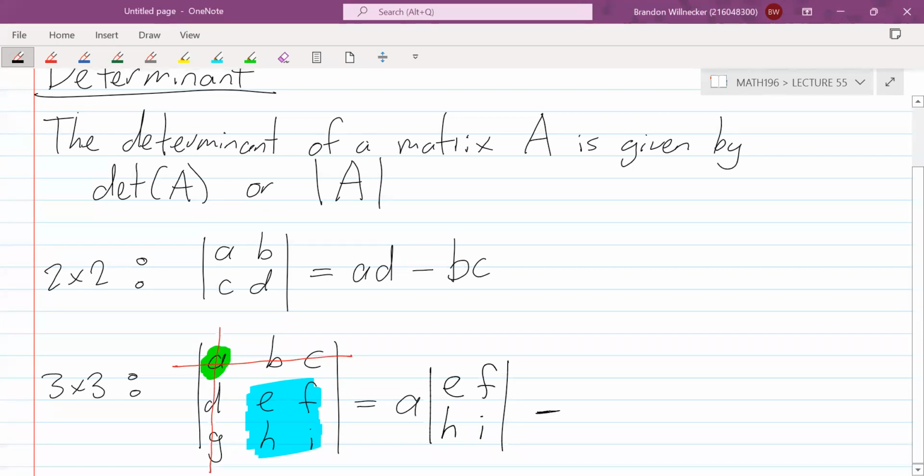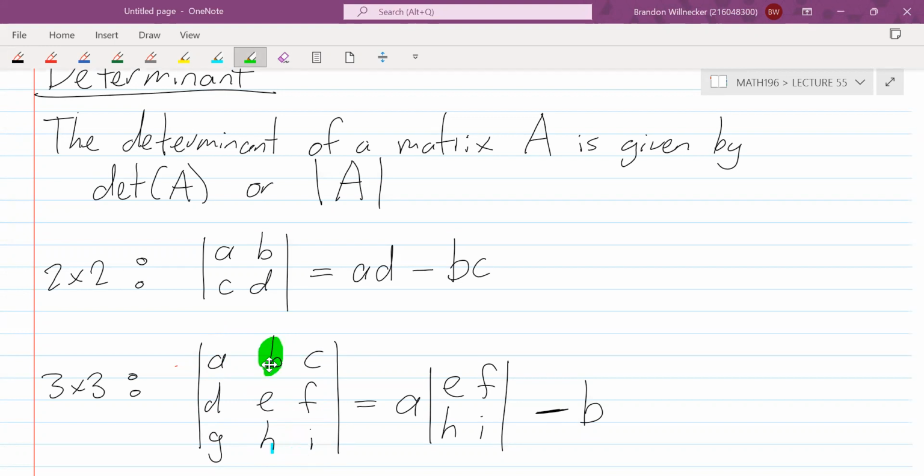Next, we put a minus B, so that is the second bit. Okay, so now let's look at what we do for that. So that's B. And then we do the same sort of thing. We cross out the row containing B. We cross out the column containing B, and we look at the remaining matrix.